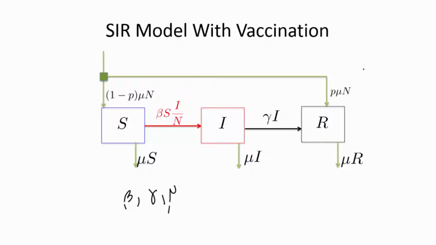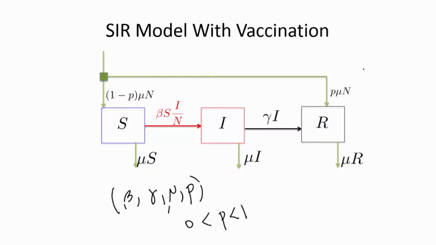It's not necessarily due to the infection. So now with this model, we are going to incorporate an additional parameter called P. P, in fact, is a parameter that is assumed to be between 0 and 1.